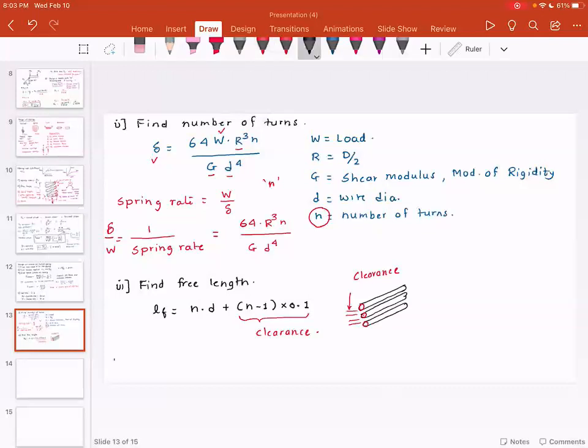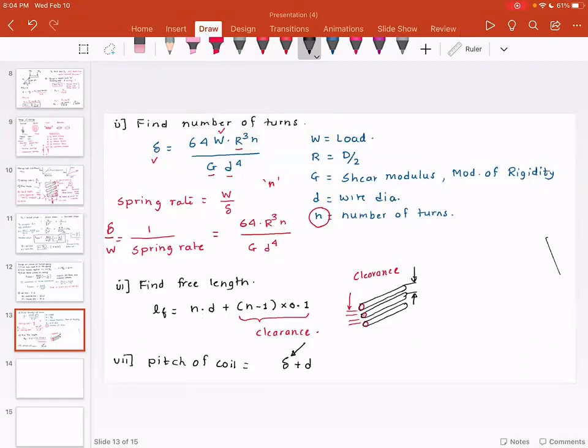The last thing is nothing but the pitch of the coil, which is equal to usually delta plus, typically, D. If you think about it, the pitch from here to here, and this delta is nothing but the clearance.